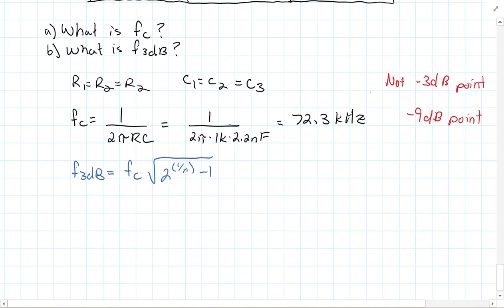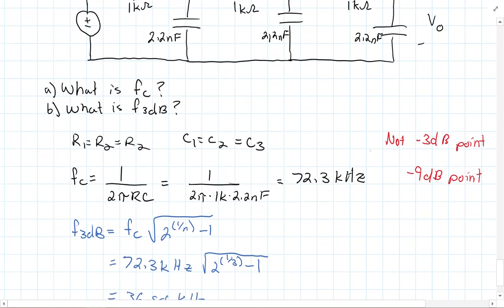And so if we do that computation, we get here 72.3 kilohertz times the square root of 2 to the 1/3 power minus 1. So I'm going to pause to do that computation. And when I go through those computations, I wind up with 36.86 kilohertz.